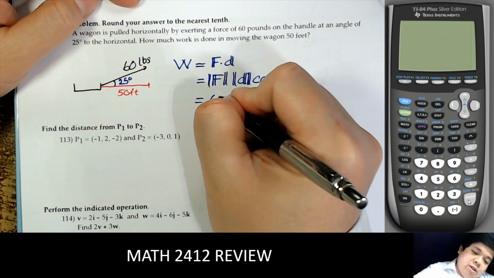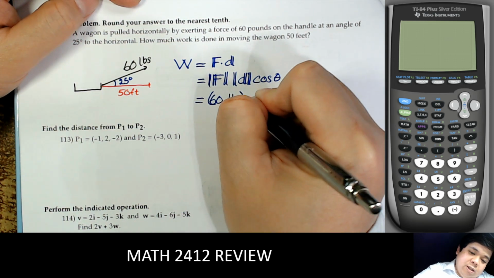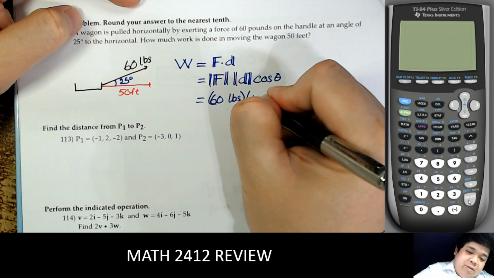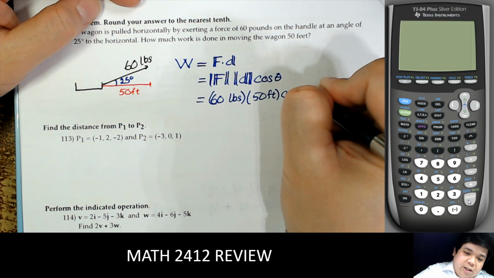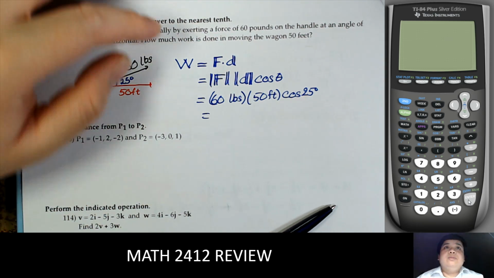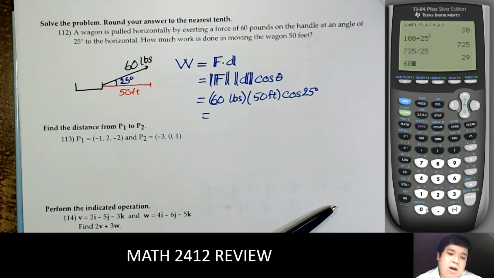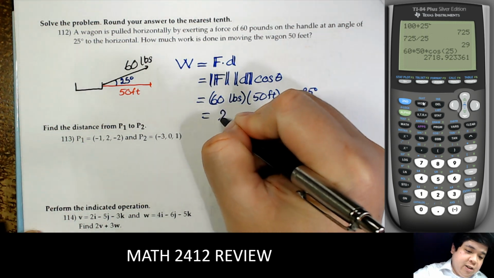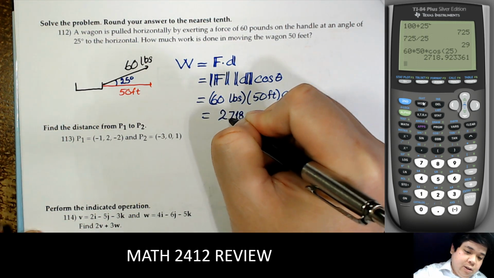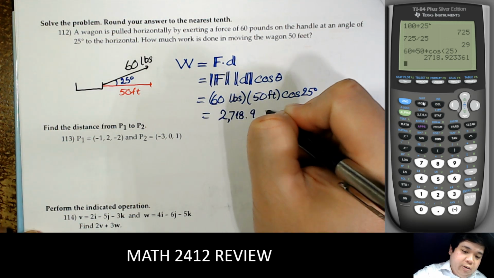So we have 60 pounds, and D is 50 feet, and the angle is 25 degrees. 60 times 50 times cosine 25. Yeah, we're still in degree mode. So we have 2,718.9 foot-pounds.